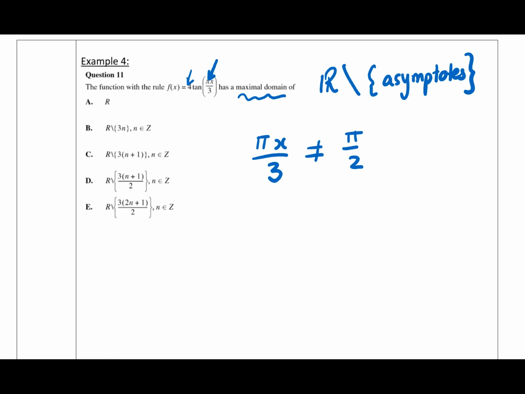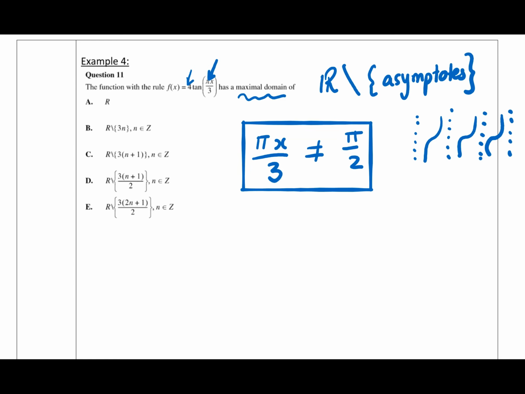Remember with tan, if I imagine that graph that looks like this, if I stretch it, it's not going to change where the asymptotes are. 2 tan x has the same asymptotes as tan x. So let's go back to what I know can't be the case. Pi x on 3 can't be equal to pi on 2.